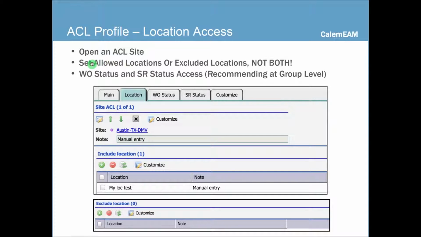But normally you either use allowed locations or excluded locations, but not both. There are also work order status and service request status control here, but we recommend you use those status controls at the group level, at the UI group level. That will be discussed later.